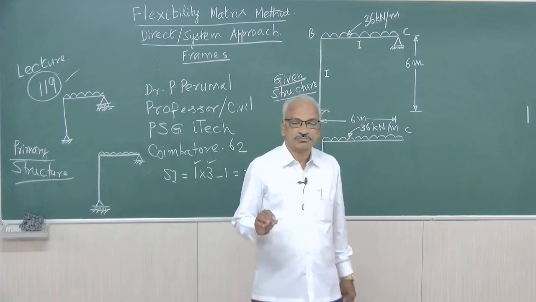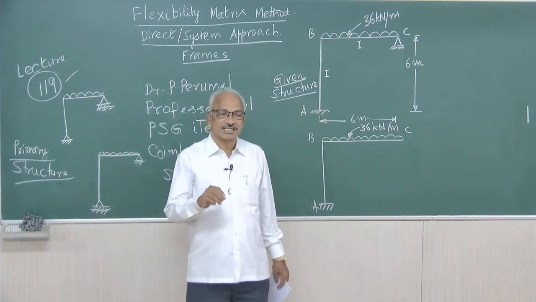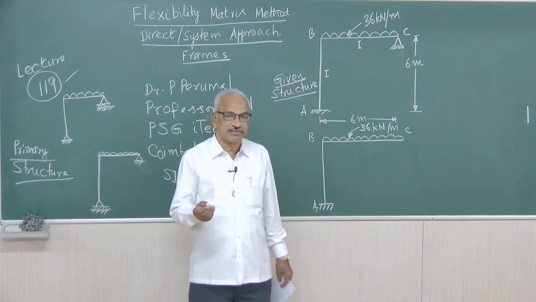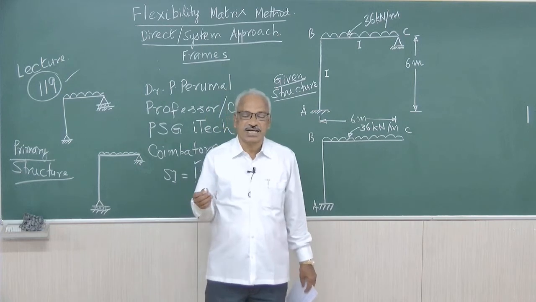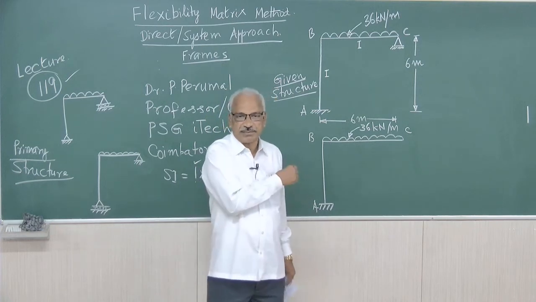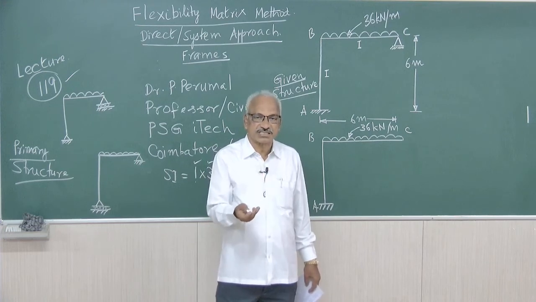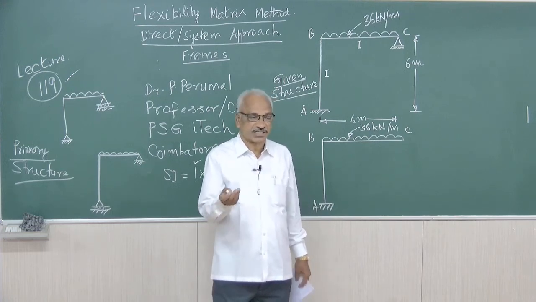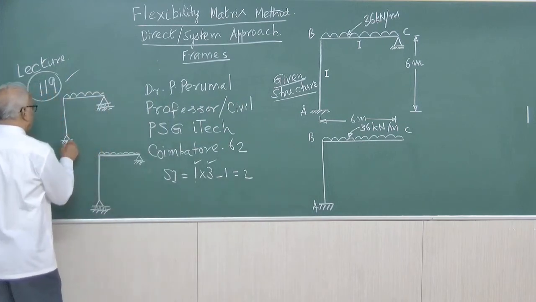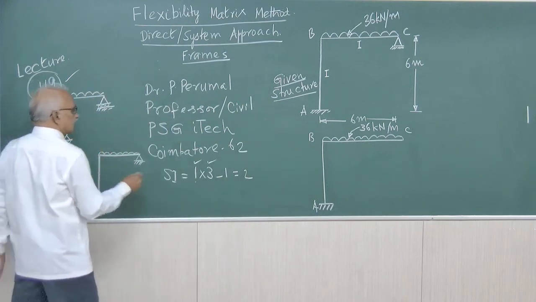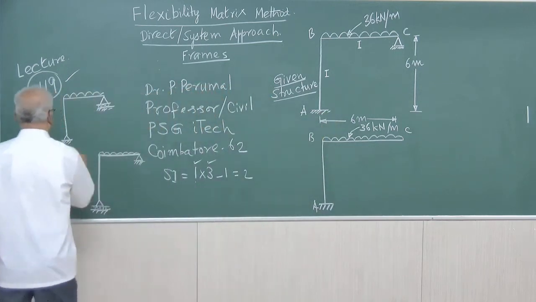Right. Now, the first work is to make the structure statically determinate, or get the primary structure. For this frame, there are a number of ways of making the structure a primary structure. One is that we can convert the fixed end A into a hinged support.